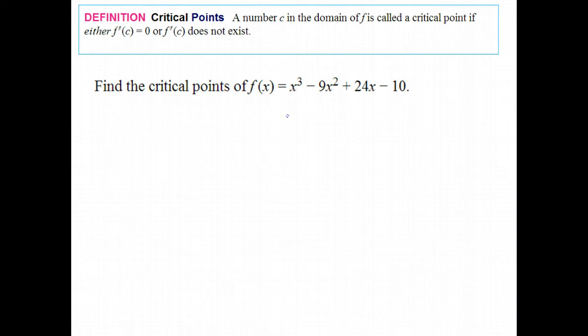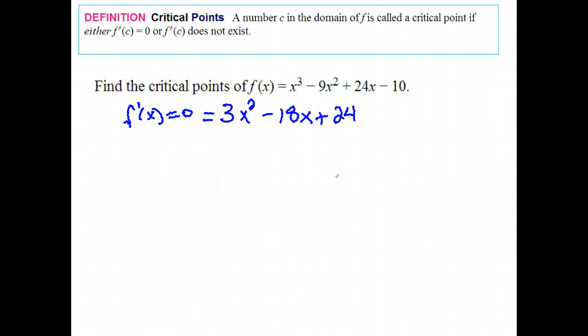So let's take a look at this first function, f of x equals x cubed minus 9x squared plus 24x minus 10. And we want to find the critical points, so let's see, where is f prime of x equal to 0? Well, we need f prime of x first. So that's going to be 3x squared minus 18x plus 24. Okay, so this is a quadratic that we're going to set equal to 0 and try to solve.